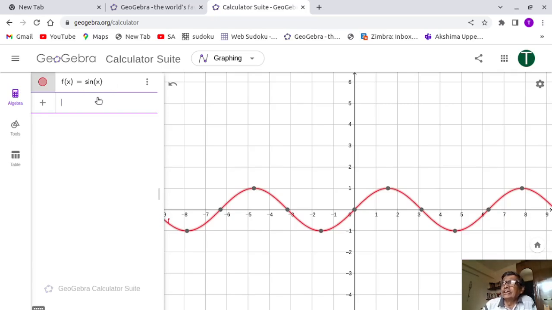We know it is cosine x, derivative of sine x is cosine x, but nonetheless we will use this particular command. As I was telling you, the commands are very simple. Not only simple, it is the correct name, derivative of this function.